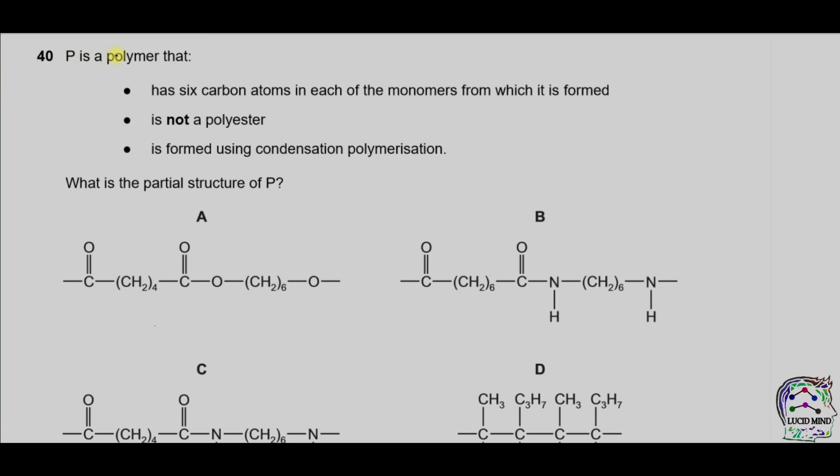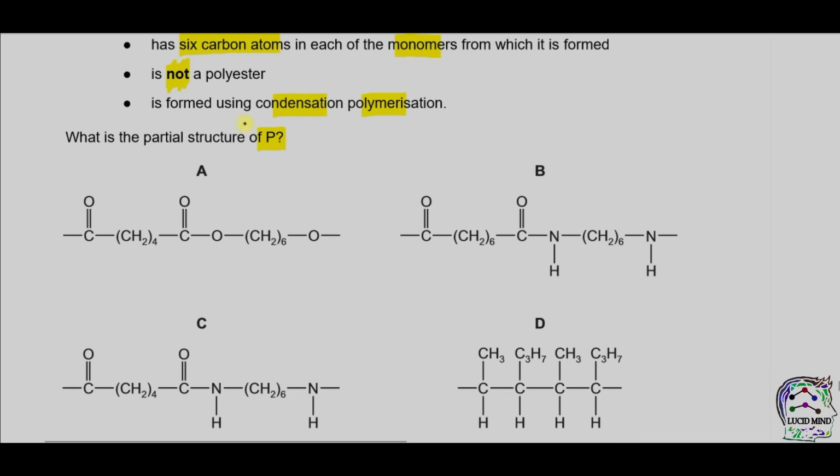Question 40. P is a polymer that has 6 carbon atoms in each of the monomers from which it is formed, is not a polyester, and is formed using condensation polymerization. What is the partial structure of P? Let's look into the first option. It must have 6 carbon atoms in each of the monomers.